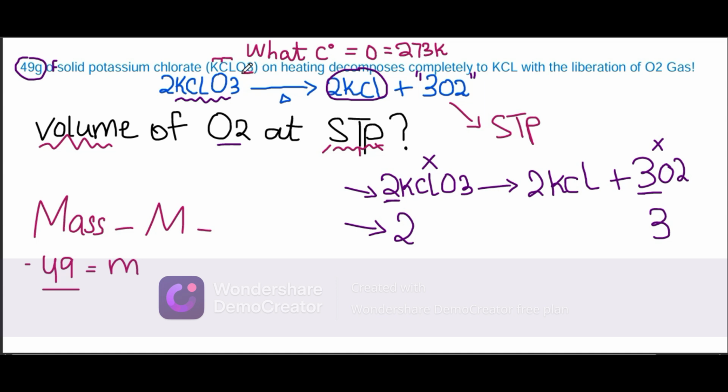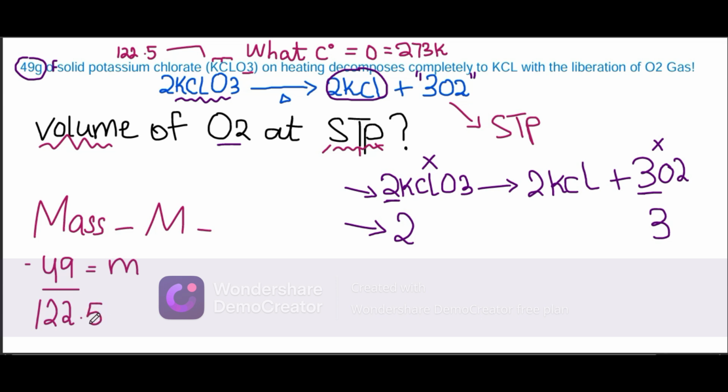O multiplied by 3, then add chlorine, then add potassium. I believe that gives 122.5.